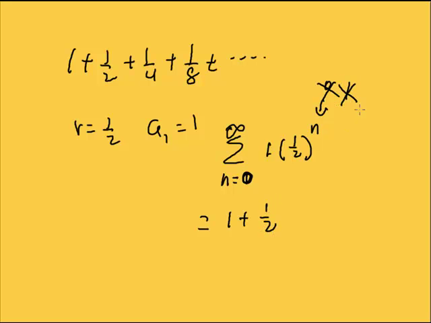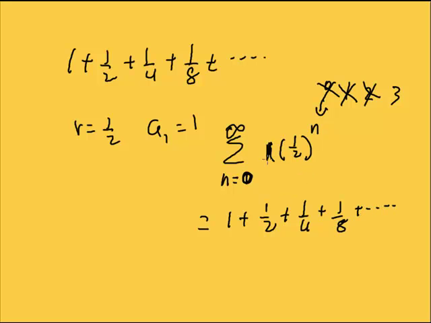Next I'm going to put in for n is 2, and that plus 1/2 raised to the second power is 1/4. 1/4 times 1 is going to be 1/4. And the next number I'm going to put in is 3. 1/2 raised to the third is going to be 1/8 times 1 is 1/8. Looks like I'm getting the same thing.